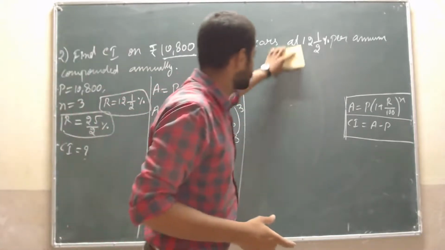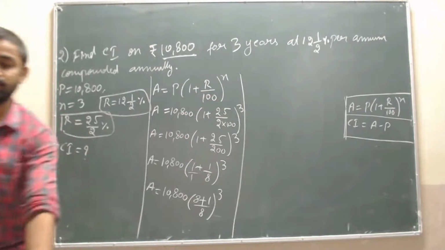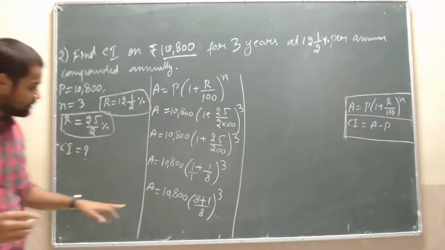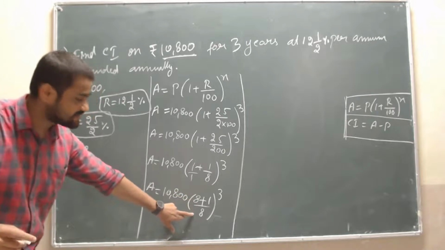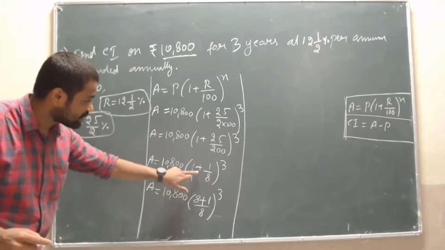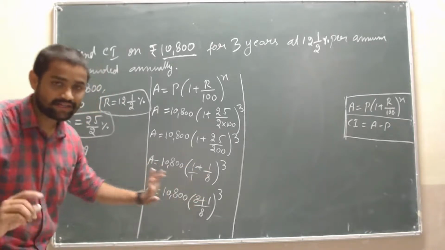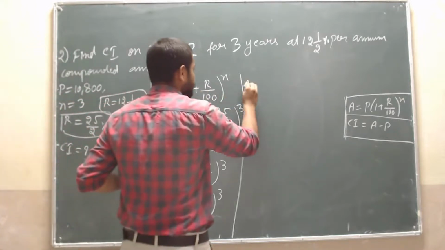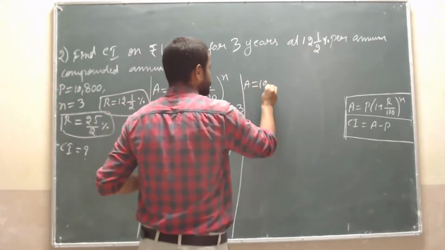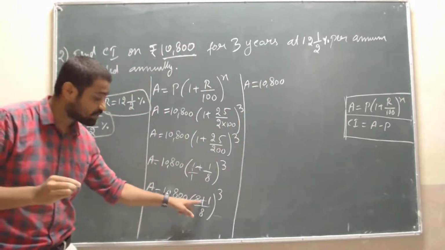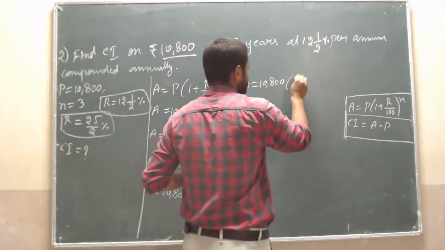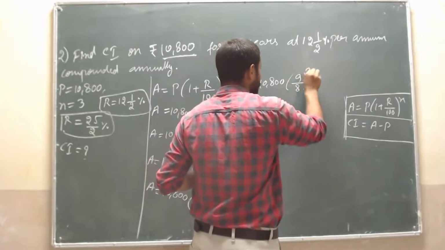Then 10,800 as usual. 8 is the LCM I have taken. 8 ones are 8 plus 1 ones are 1. Then A is equal to 10,800. Here, see here. 8 plus 1 is 9 by 8, 9 by 8 whole cube.